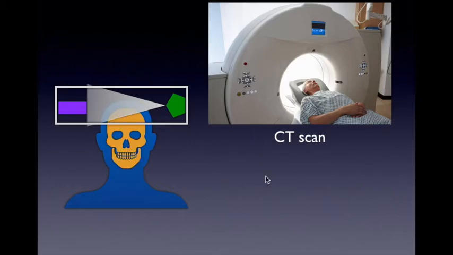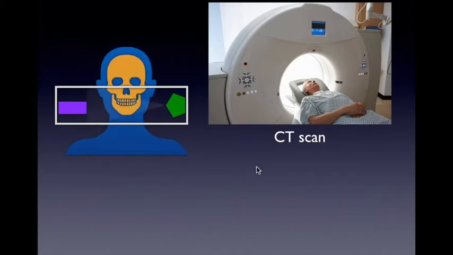Now, of course, it will be useless to just try to get one part that has been detected. So in order to come up with a CT scan, a three-dimensional image of, let's say, the head, the CT scan has to take multiple shots.